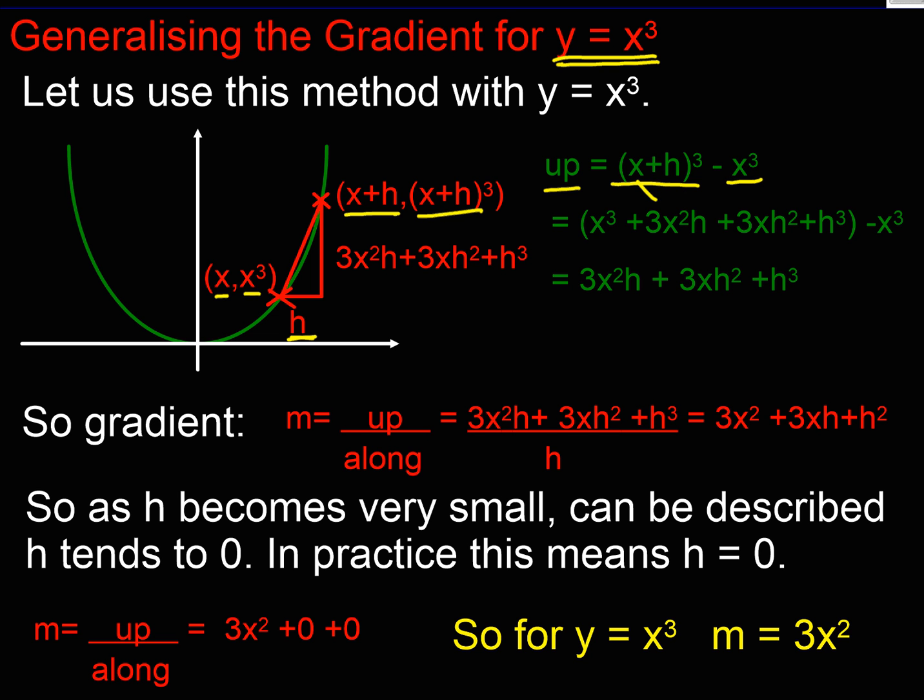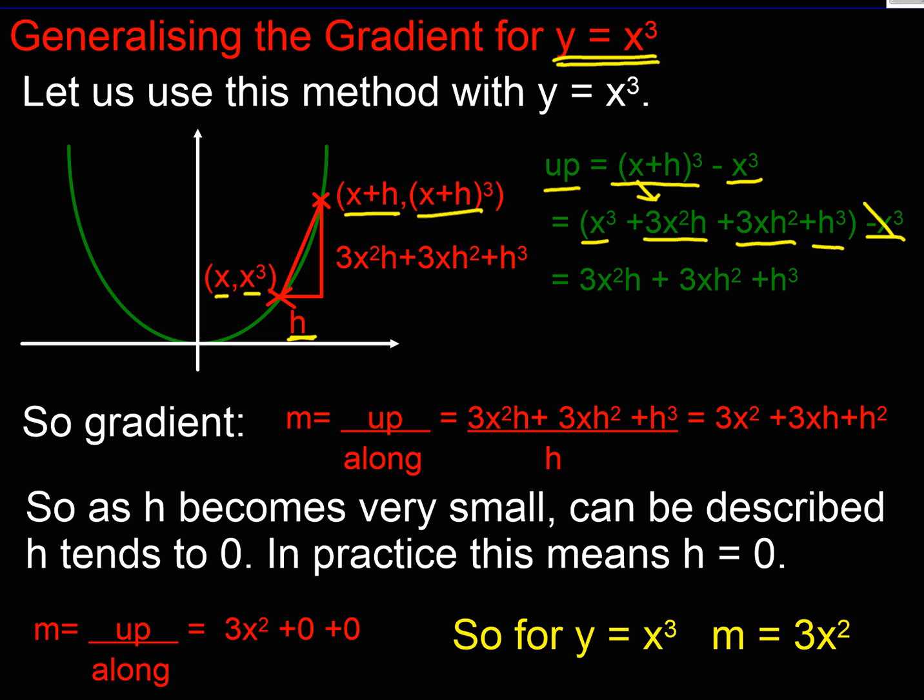If we expand this bracket, we can do that by the grid method twice. We had the answer for the x squared earlier, didn't we? x plus h squared, and we could just multiply by x plus h, and we end up with x cubed plus 3x squared h plus 3x h squared plus h cubed. That's our bracket, and then we're taking away our original x cubed.